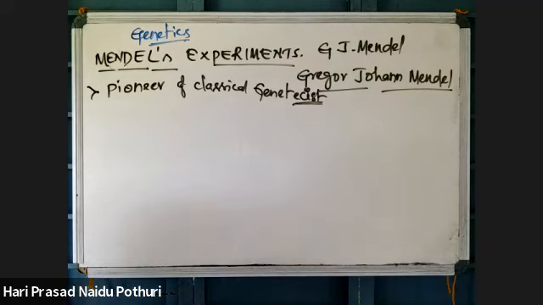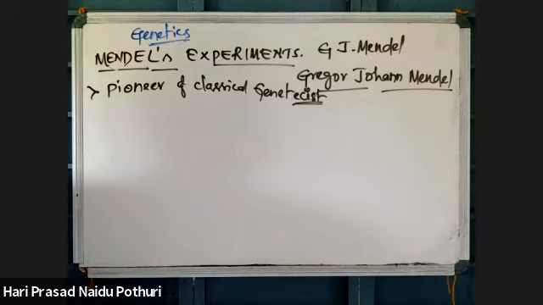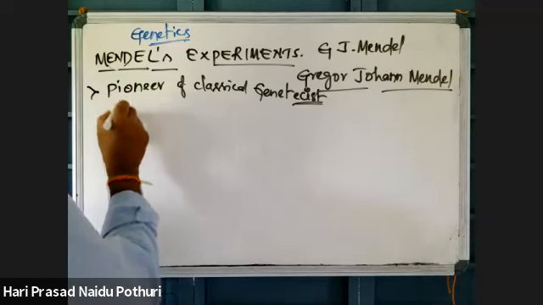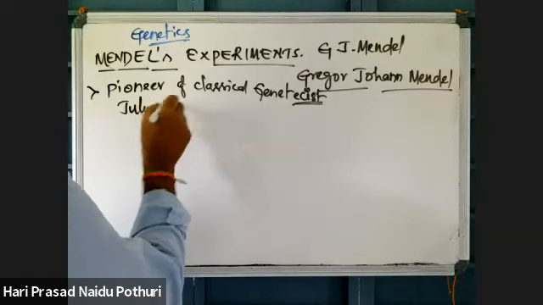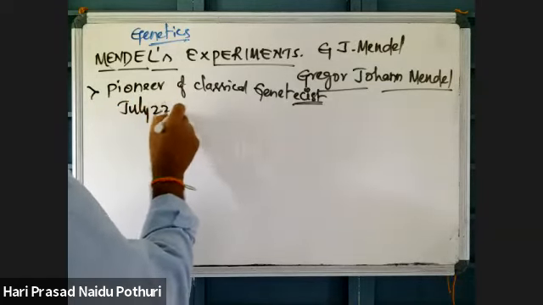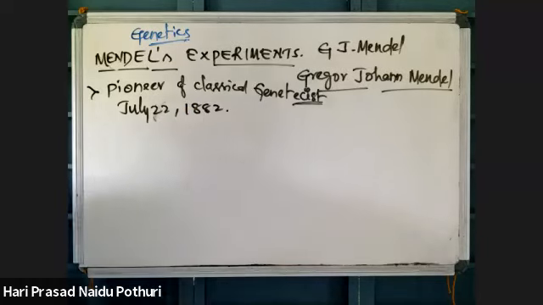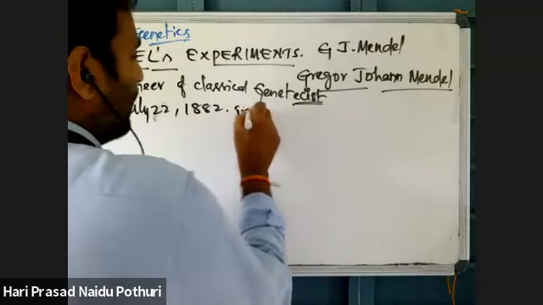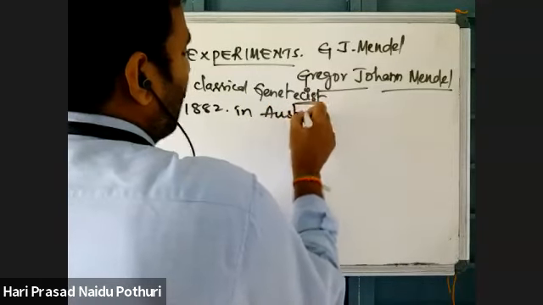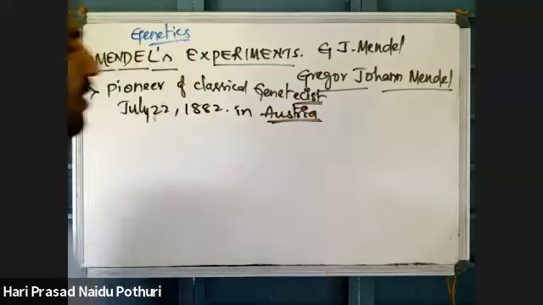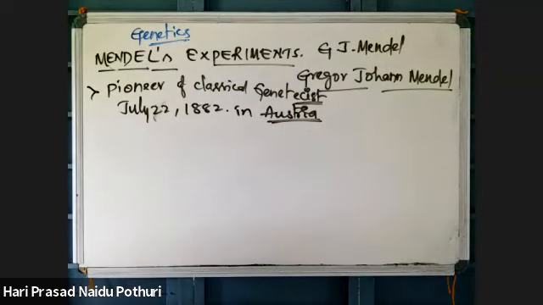He was born on July 22 in 1822. July 22, 1822 is the birth date of Mendel. He belonged to Austria. In Austria, he was born.